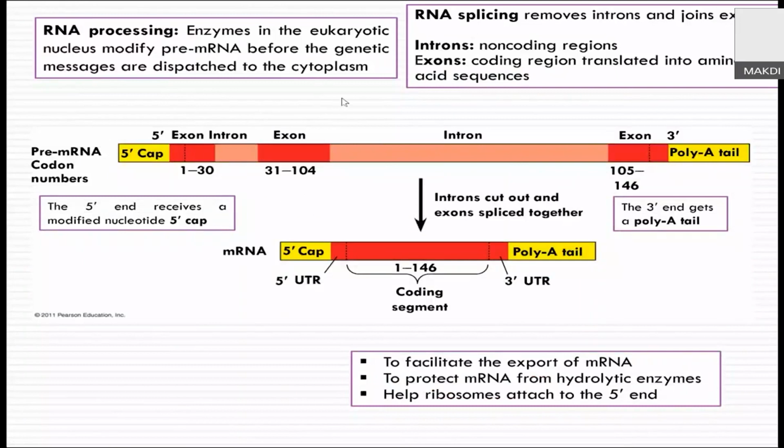Okay, for eukaryotes, we have exons, introns, and exons. Prokaryotes do not have introns. Introns are actually in our DNA to minimize the effect of mutations. You know, mutations sometimes change our genetic sequence.